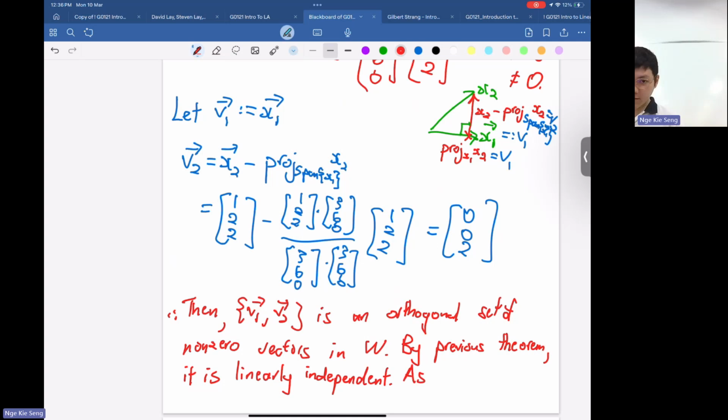We also know that the dimension of W is 2.